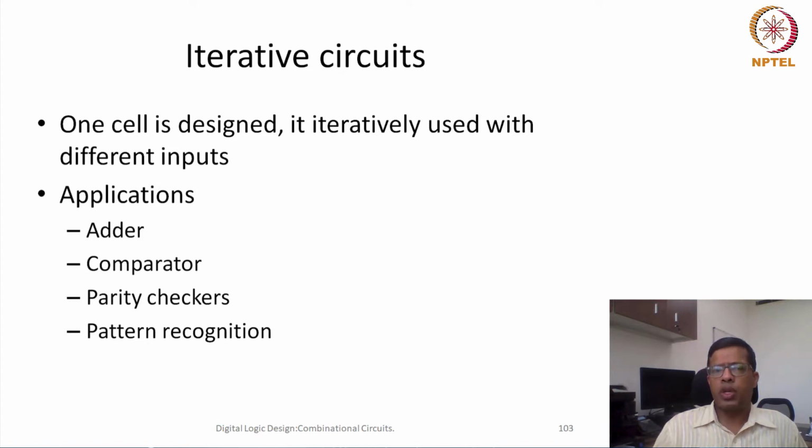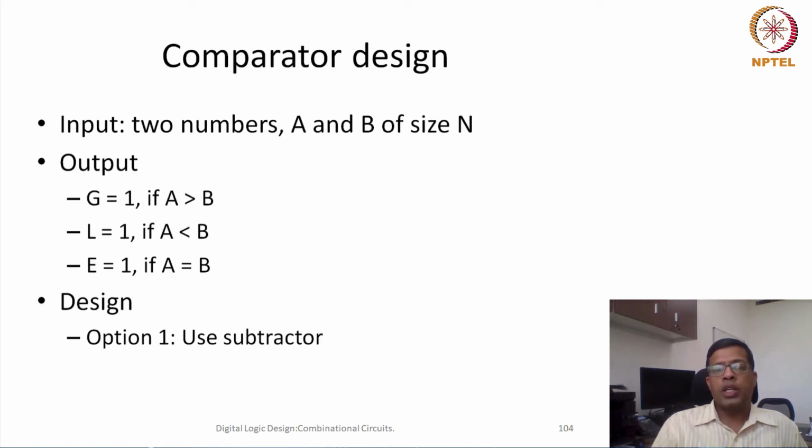We will take a couple more examples and see them from the perspective of iterative design: if we need to design an iterative circuit, what would be the characteristics, and how will we design it. The first example is a comparator. In a comparator we take two inputs, A and B, of size n, which could be anything.